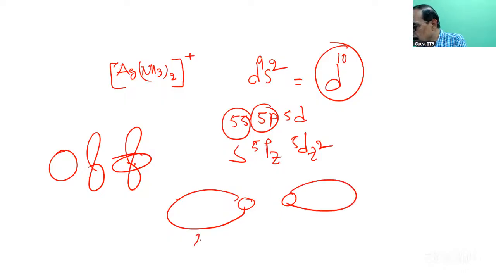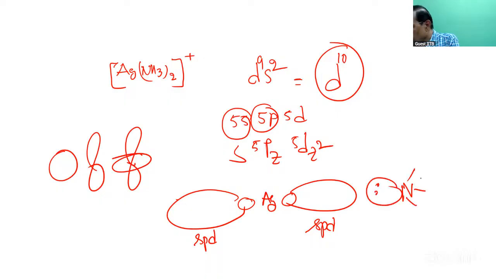They are called sp hybrid orbitals. Your metal is sitting here, having two empty orbitals, and then ammonia comes here. It forms a linear complex like this.